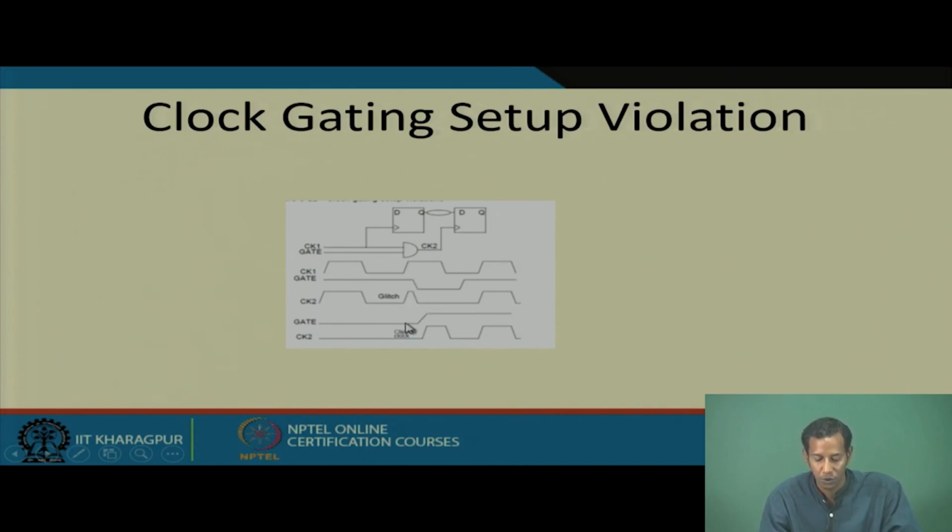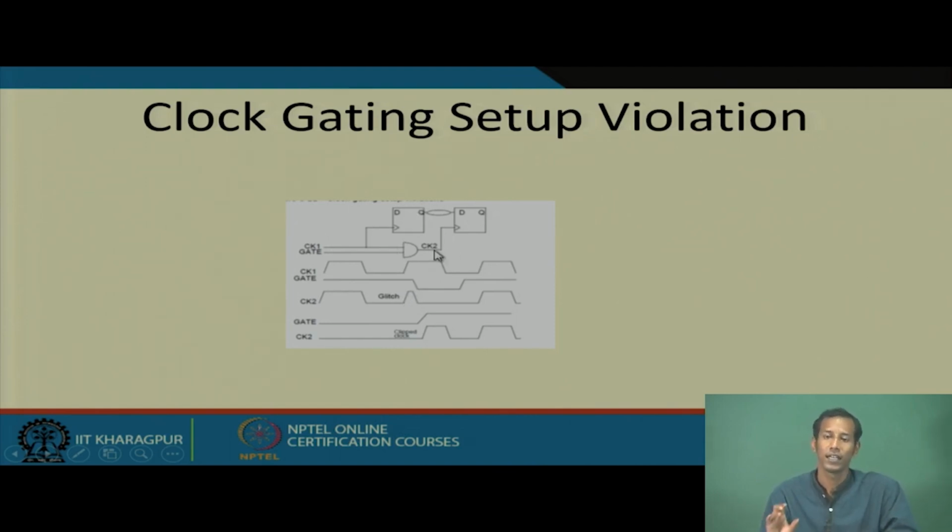Okay. The glitch over here occurs, but if the gate signal is something like this, there is no such glitch at clock 2. If you are getting any glitch, the corresponding circuit performance will be totally wrong.